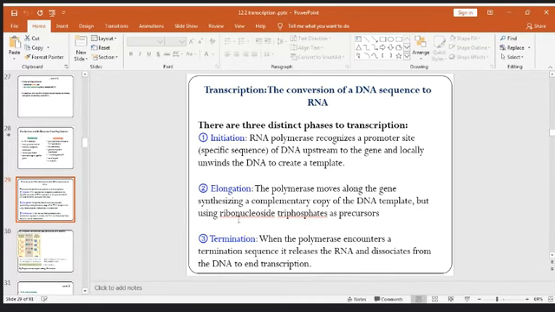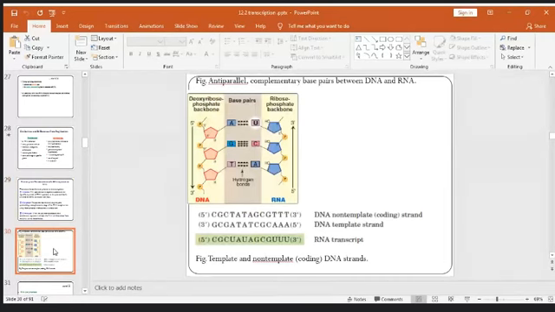This is the total initiation, the elongation process. The termination involves when the polymerase encounters a termination sequence, it releases the RNA and dissociates from the DNA, and the DNA becomes rewound. So there are different termination processes that we will see.